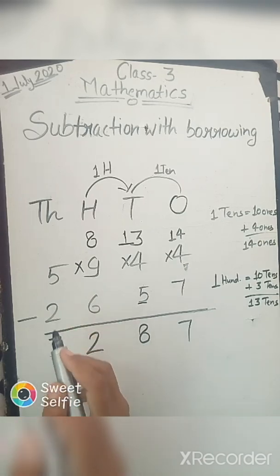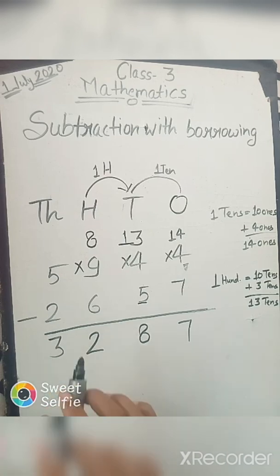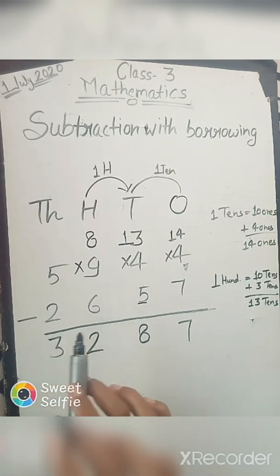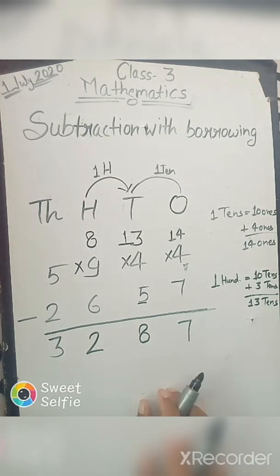So when we subtract 2657 from 5944, we get 3287. Okay, so this is the subtraction with borrowing that we studied in the last class also. So now let us proceed with today's topic.